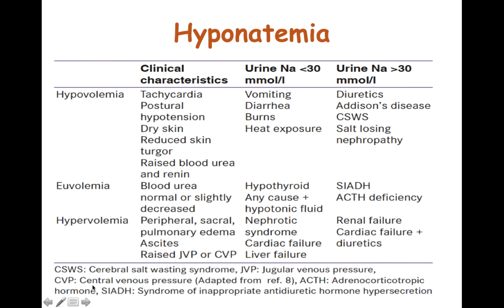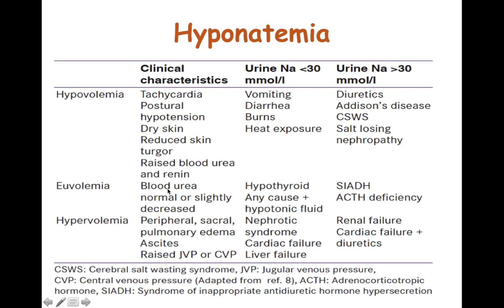Now remember students, hyponatremia is of three types: hypovolemic hyponatremia, euvolemic hyponatremia, and hypervolemic hyponatremia. Now, all of you know about hypovolemia, for example, vomiting, diarrhea, burns. In all of these states, the patient has features of hypovolemia, which can also occur in cerebral salt wasting, Addison's disease, and diuretics.